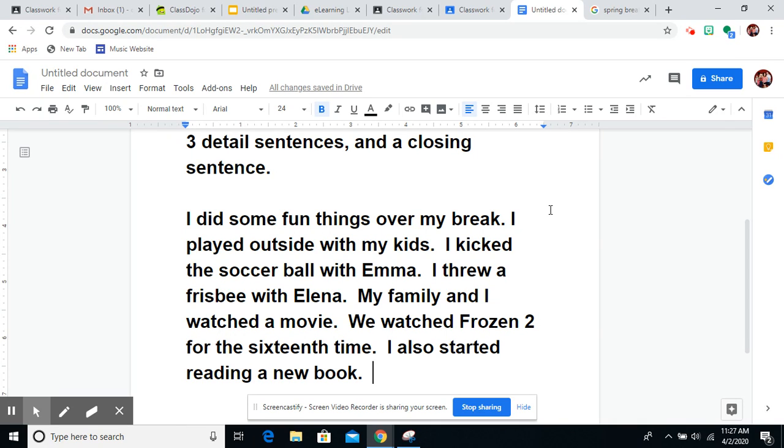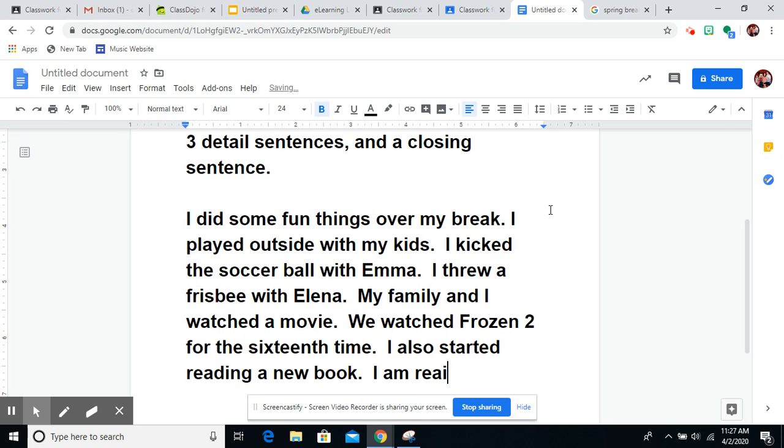So I started reading a new fairy tale book, and I'm into like maybe the 5th chapter. So that is something that I could write about too. So maybe I could even put the title of the book into my writing. All right. So the title of my book is called The Land of Stories, and I want to add that into my writing.